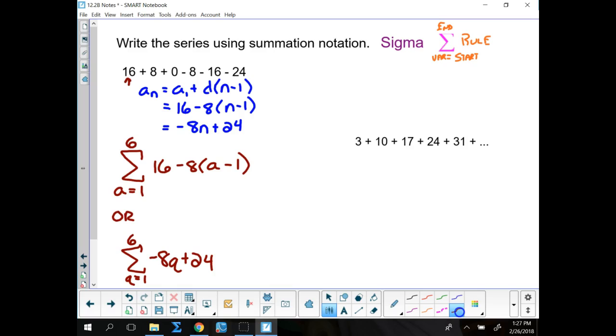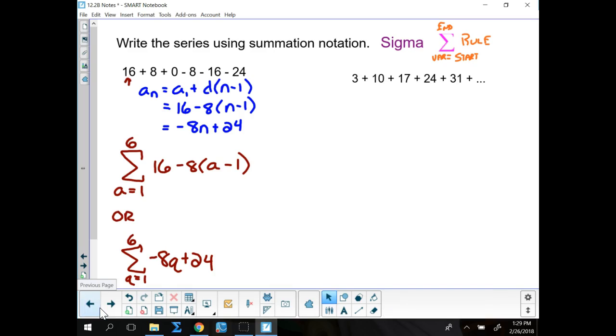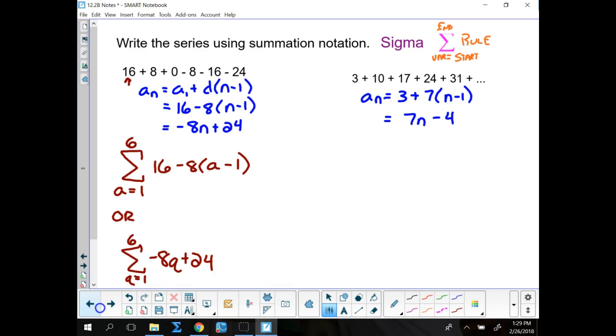Okay. You try this other series now. So my rule would be 3 plus my common difference is 7. Or it would be 7n minus 4.